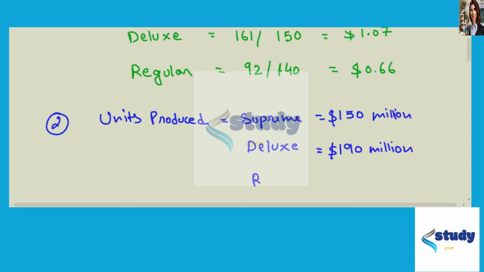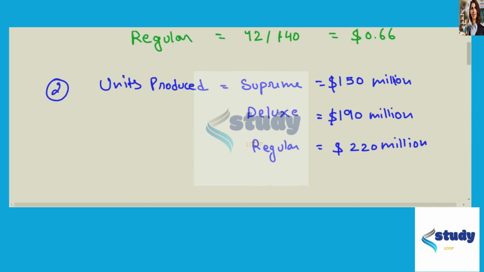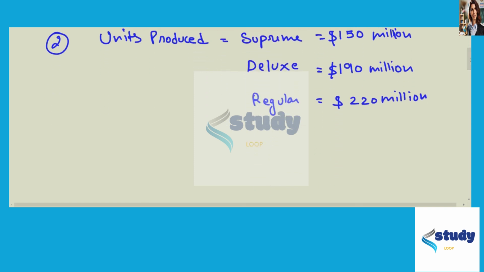Last is Regular, it is given $220 million. Now, what we need to find out is why might the July 2017 information on manufacturing cost per unit be misleading when predicting total manufacturing cost in July 2017?